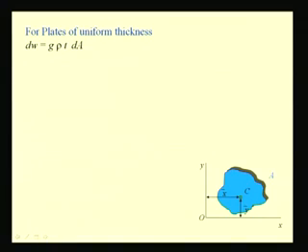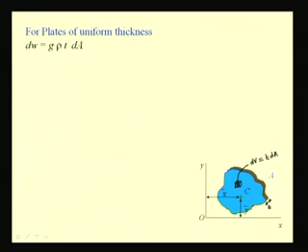So, if I consider an element here whose thickness is T, then if dV is the volume of this differential element, it is equal to T, the thickness of this body, times dA, which is the differential area of this element.